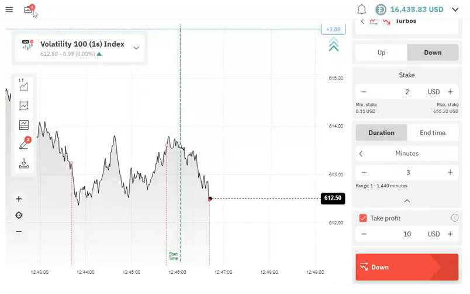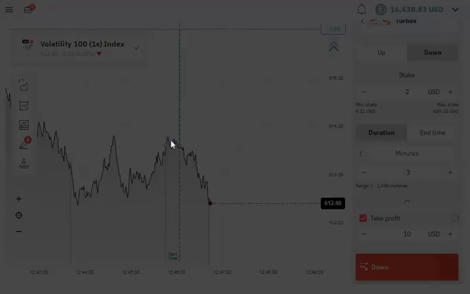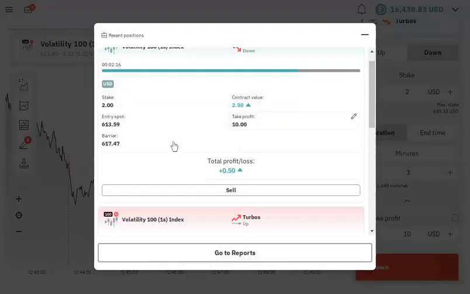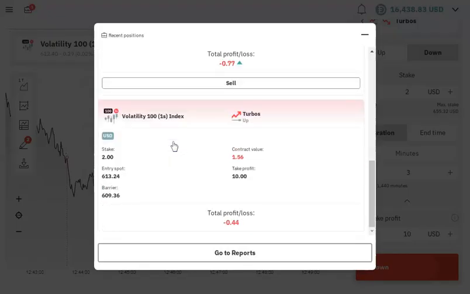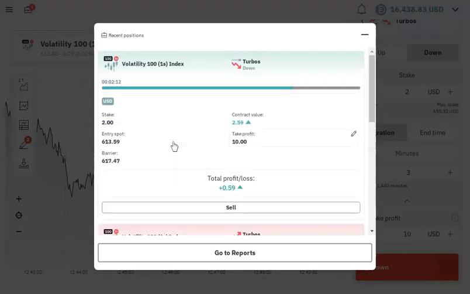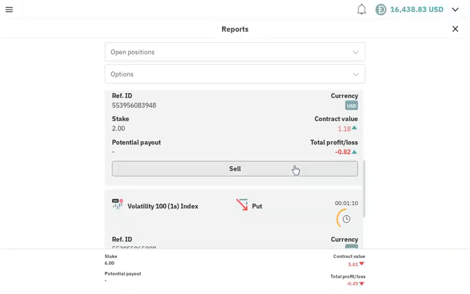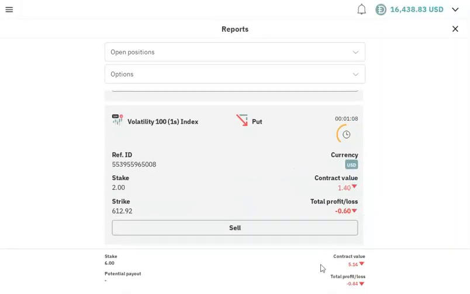But before I do so, we are going to go back to the trades we took and see how profitable we are getting, or how much of a loser we are getting. On this one, we staked $6 and our contract value is 5.23.